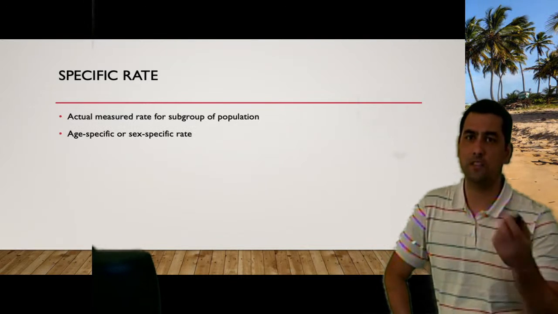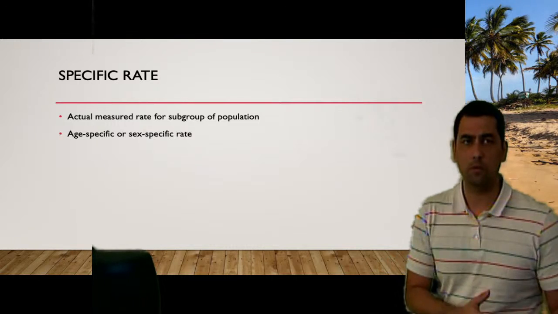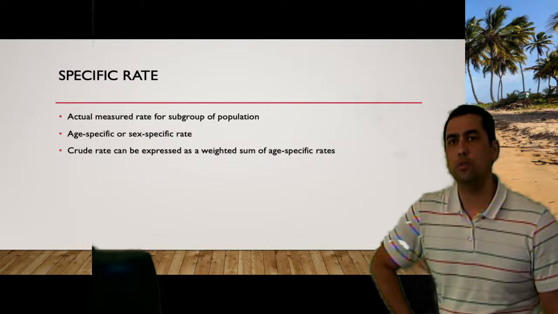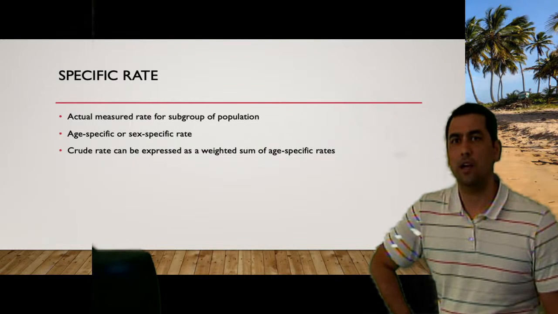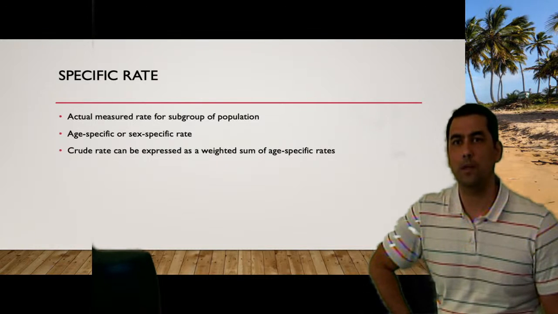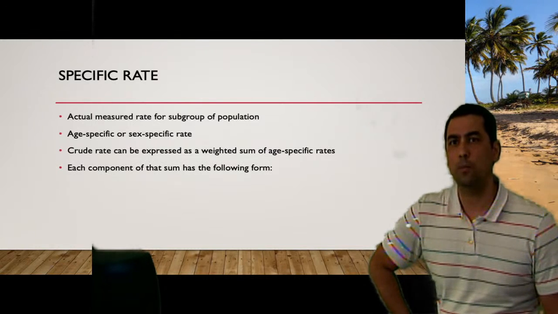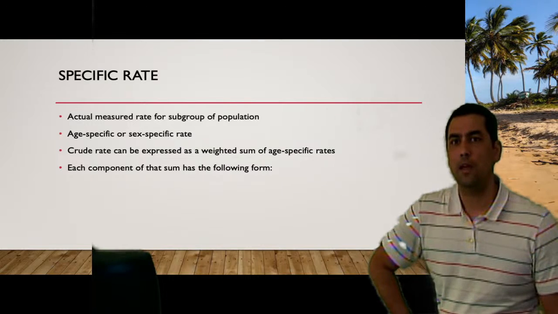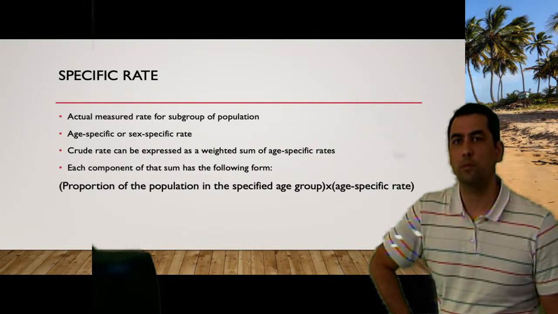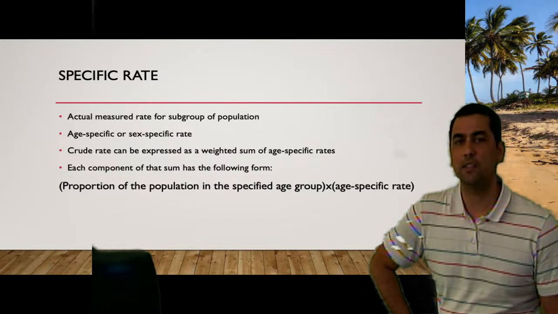Age specific, sex specific for men or women, male and female. Crude rate can be expressed as a weighted sum of age-specific rates. Each component of that sum has the following form: proportion of population in the specified age group times age-specific rate.